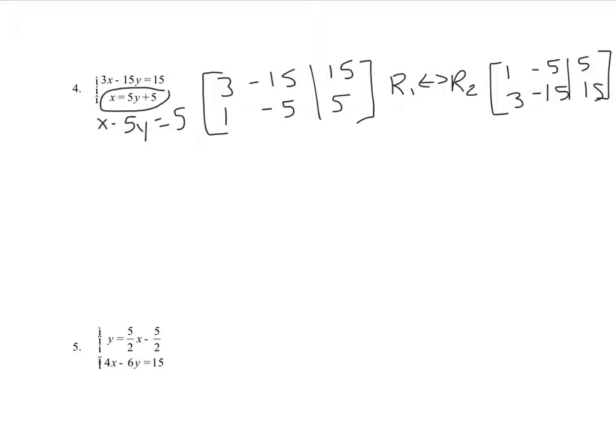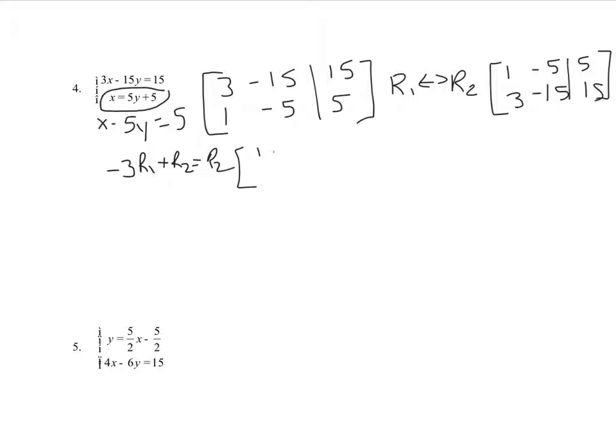Now we need to look at turning that bottom row into a 0. So in order to make that happen, we're going to need to multiply the top row times negative 3 and add it to our row 2 to get our new row 2.